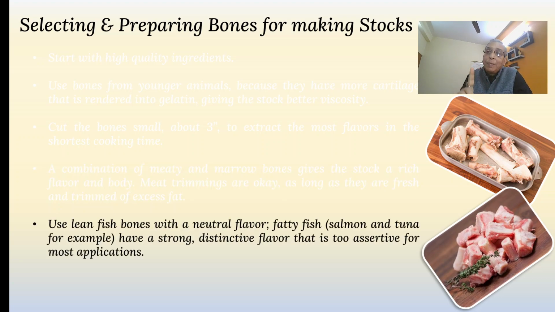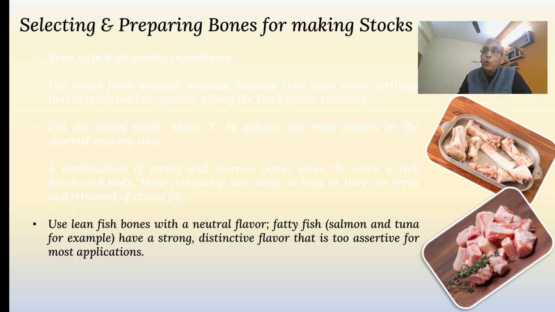All the time remember that there should not be any excess fat in any of the ingredients you are going to use. Use lean fish, not fatty fish like salmon and tuna, because the ultimate result is the stock will have more fat and oil. Also, salmon and tuna have a distinctive flavor, so we're not going to use that.